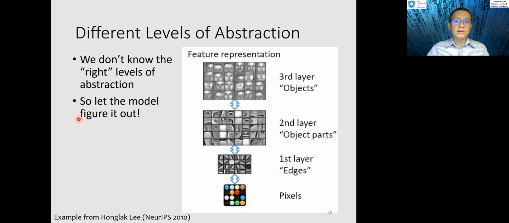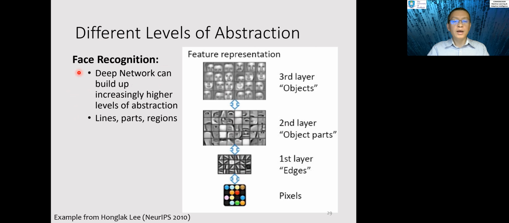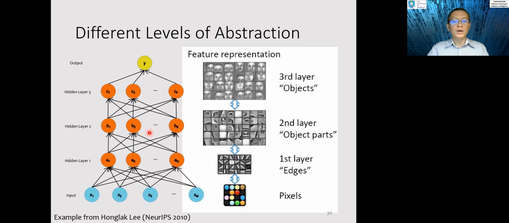So we let the model figure it out by providing, for example, labeled data. In the example of face recognition, deep networks can build up increasingly higher level abstractions, such as lines, parts, and regions. So here is a neural network with 3 hidden layers.